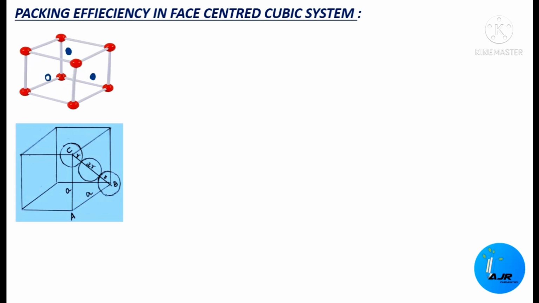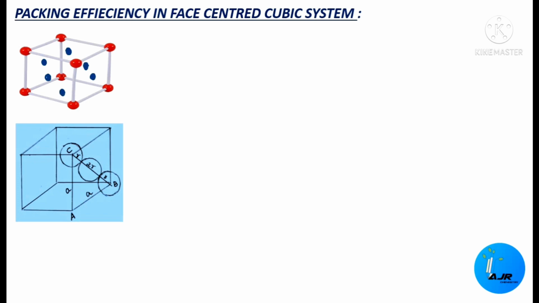So there also we'll be having one atom. Now the next face here, so here also you'll be having one atom. So totally 6 faces will be there, and one more we have at the back. So there also you can have one atom. Okay, so totally 6 atoms are there in the face, 2, 4, 6, along with the corner atoms.